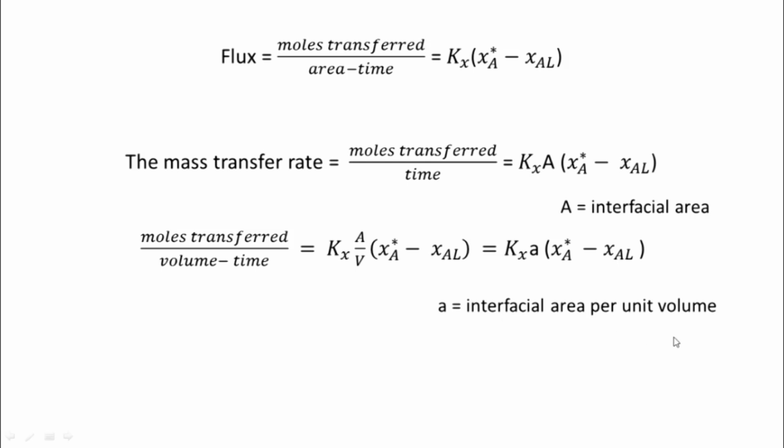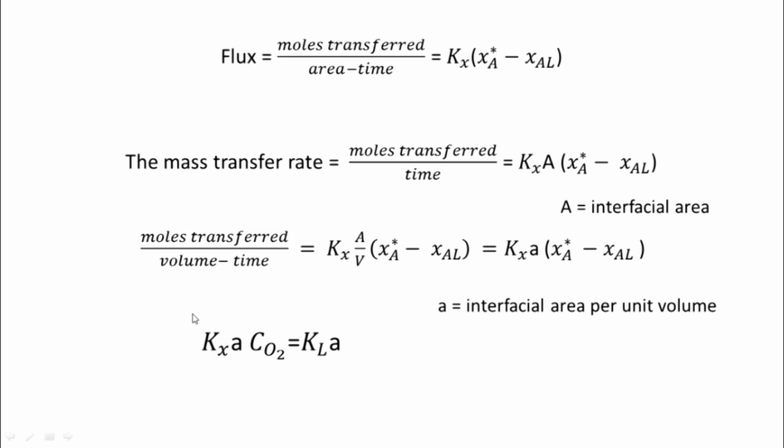A is the interfacial area per unit volume, as we just saw. This Kxa times the concentration of oxygen is what is referred to as KLa. You would have come across this term KLa for the bioreactor. This is what it actually is in terms of the fundamental viewpoint.